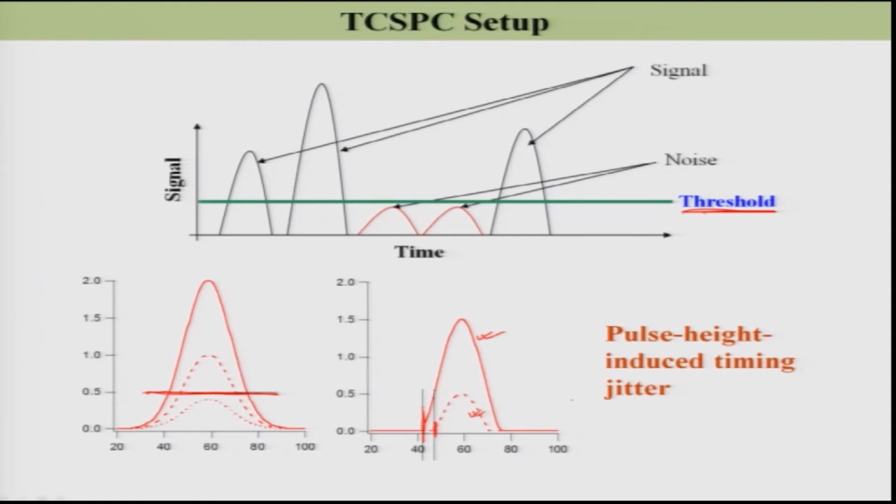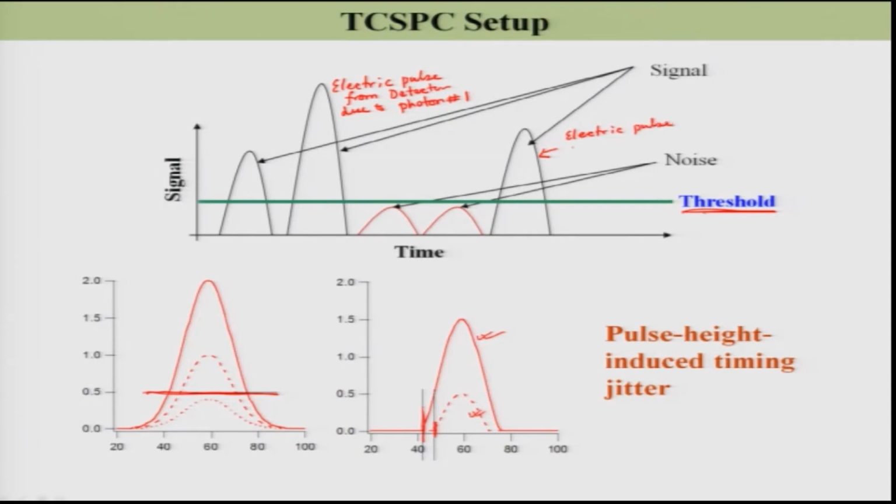You remember here that both of these pulses, this is, let us say, I am writing it that way, this is the electric pulse from detector due to photon number 1.